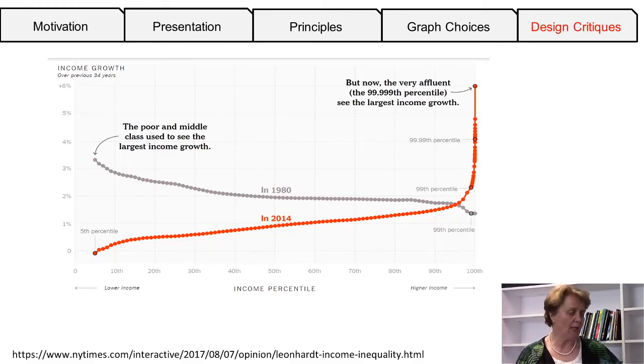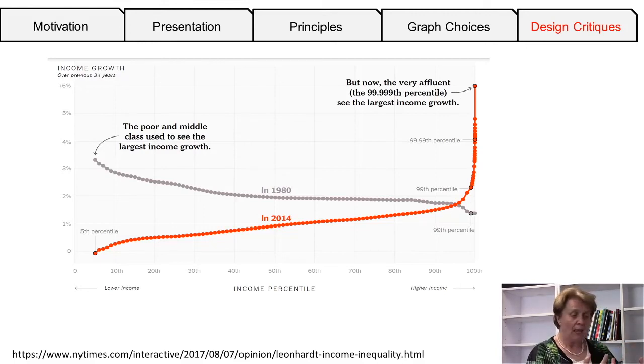Now what's striking is in 2014, that income growth completely switched. So the story is told in a very compelling way. Here, by 2014, the lowest income people, the people in the lowest percentile, had the lowest income growth. And the highest income people, the people at the far end of the graph, have a very high income growth.